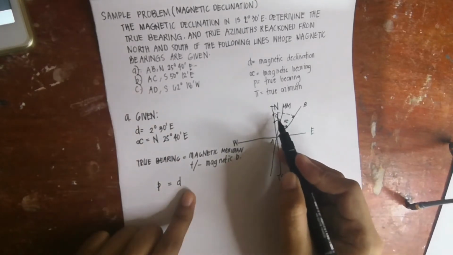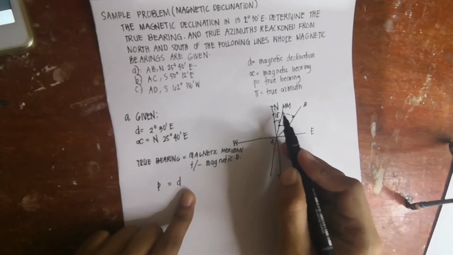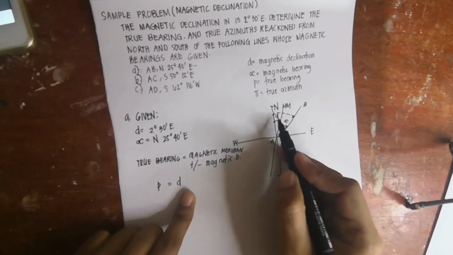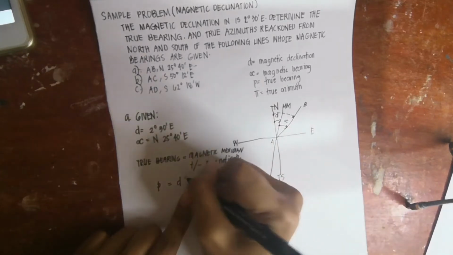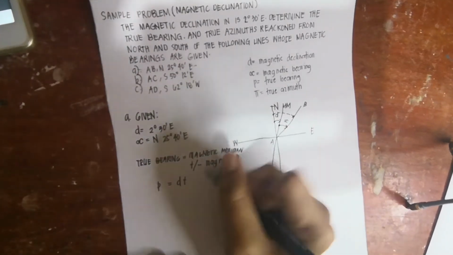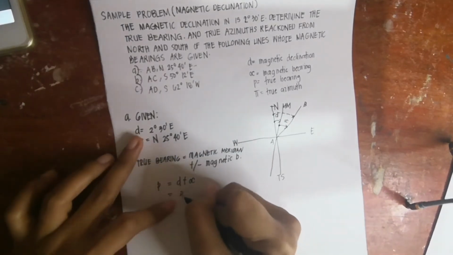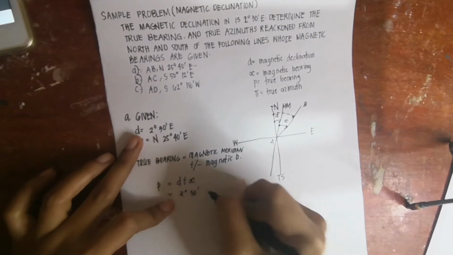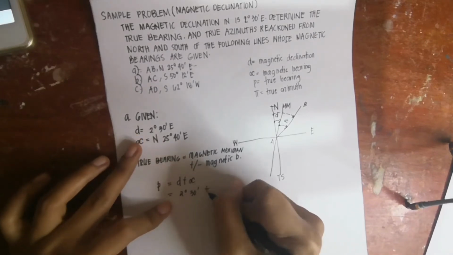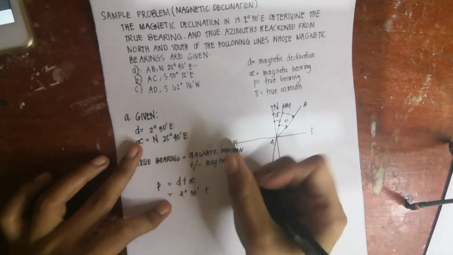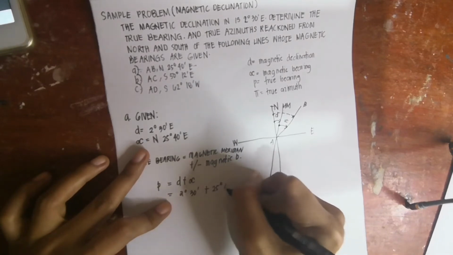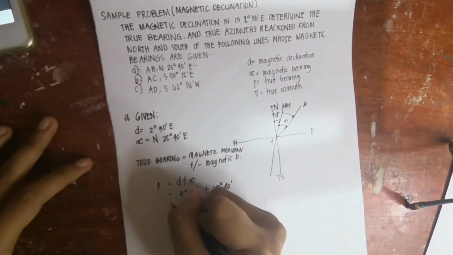Since they are in the same quadrant, you add the two. D plus the magnetic bearing. So 2 degrees and 30 minutes plus 25 degrees and 40 minutes.